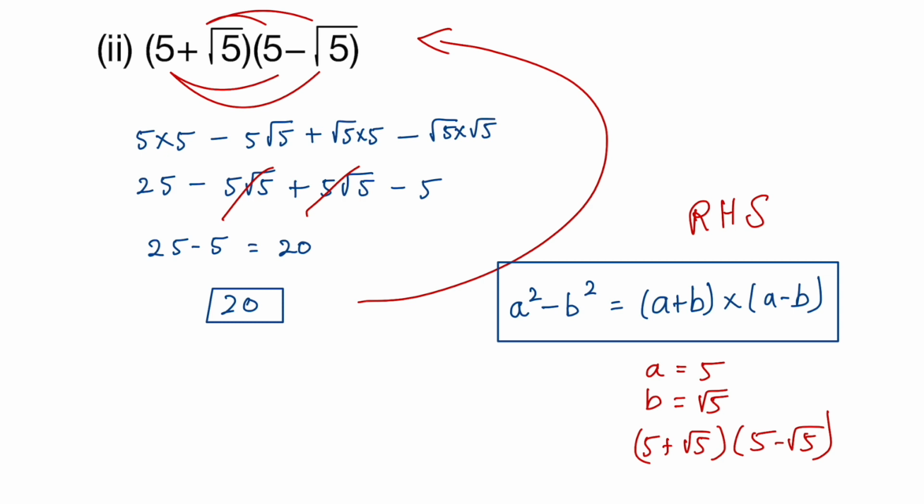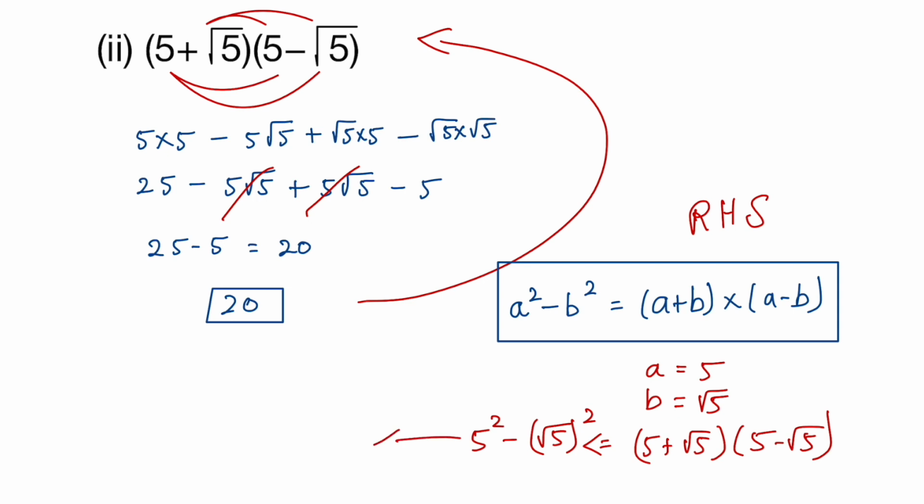So it can be represented in the form of a squared minus b squared, so it can be 5 squared minus root 5 squared.